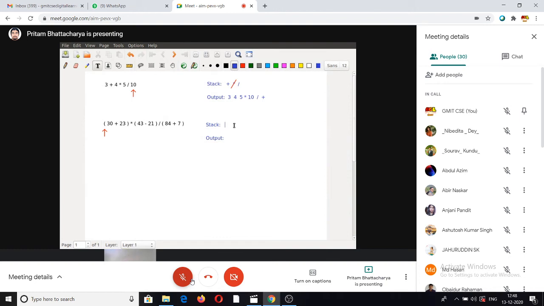Initially it's an open parenthesis. Whenever you see an open parenthesis, the rule is simply to blindly push it onto the stack and advance.